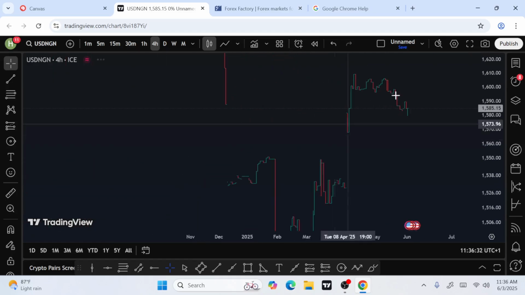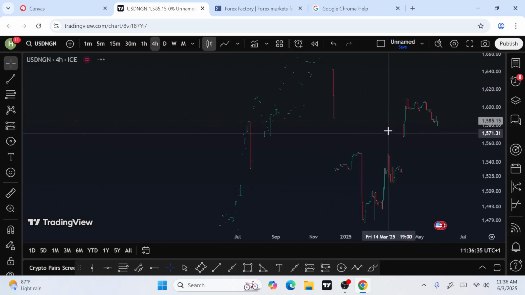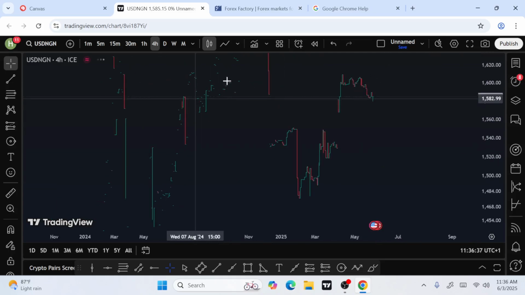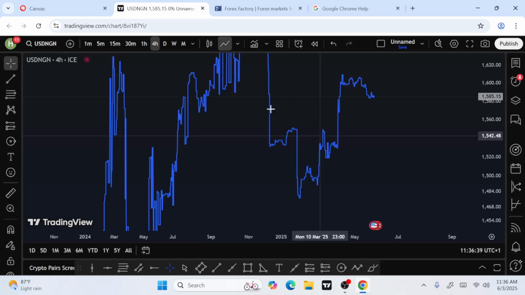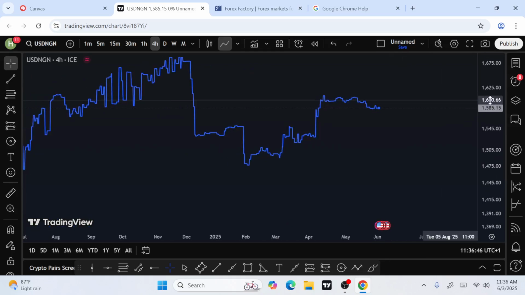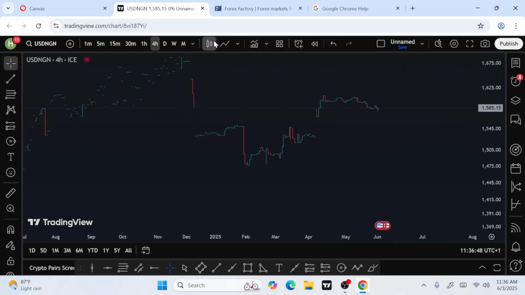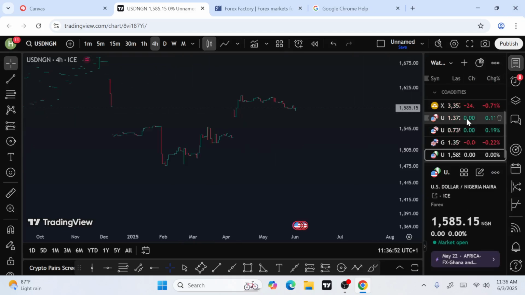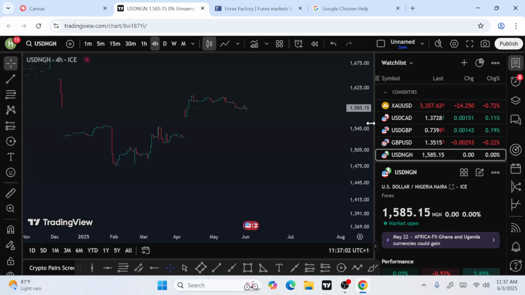See how it looks like. You cannot read it. But let's change it to line. If you change it to line graph, you still cannot. Yes, the dollar is now around this price, but the black market is around 1.6.